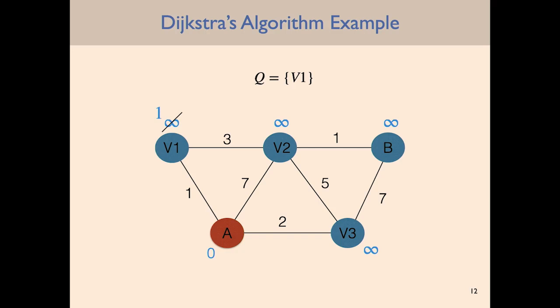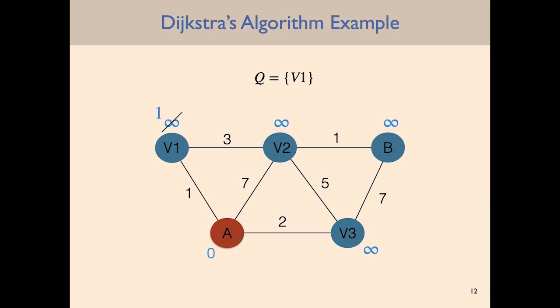So 0 because the cost to come for A was 0, and then 1 because that's the cost of traversing the edge that goes from A to V1. And 1 is obviously less than infinite, so we found one way to get to V1. So we lowered the estimated cost from infinite to 1 for the vertex V1. And then we add V1 to the Q.